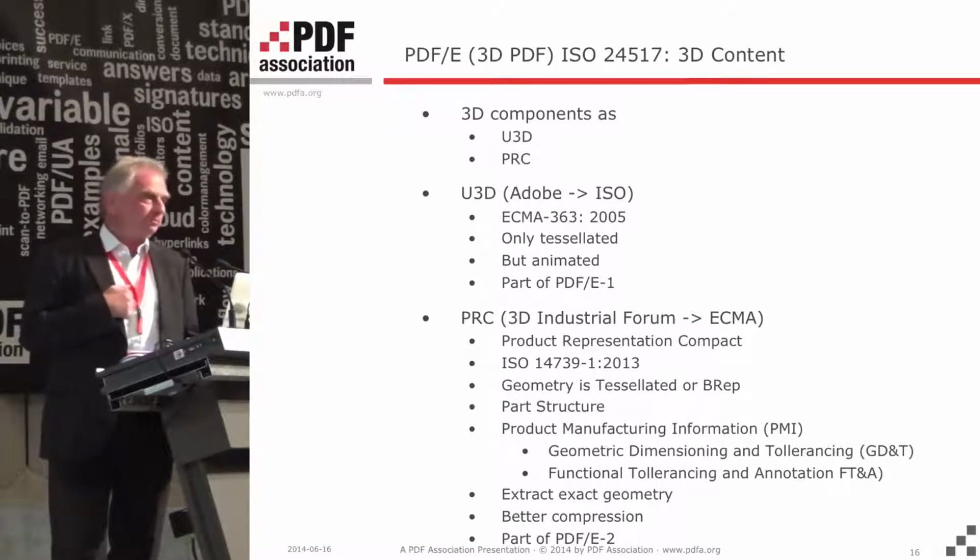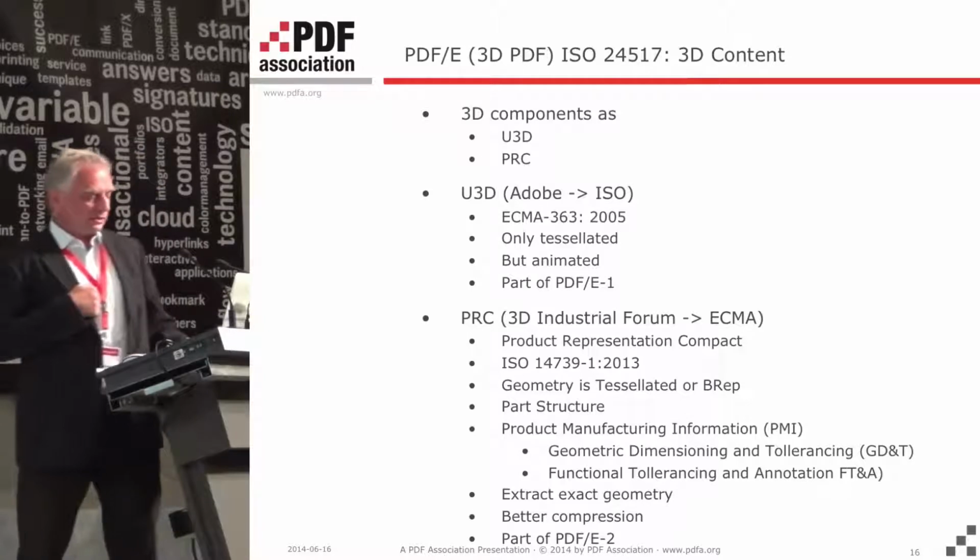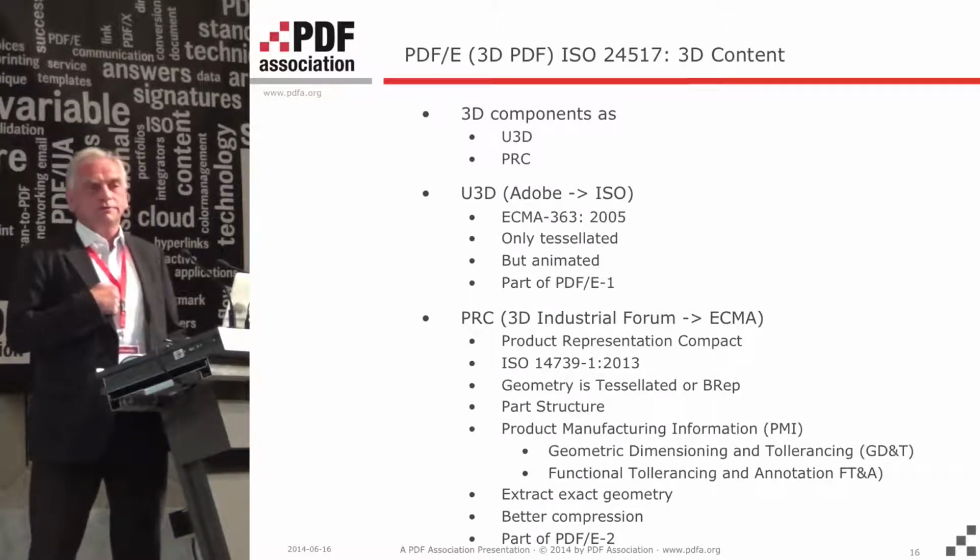From my point of view, the better format is PRC, Product Representation Compact. It's also an ISO standard since last year. You may have exact geometry. It's also possible to extract that geometry content out of 3D PDF again.